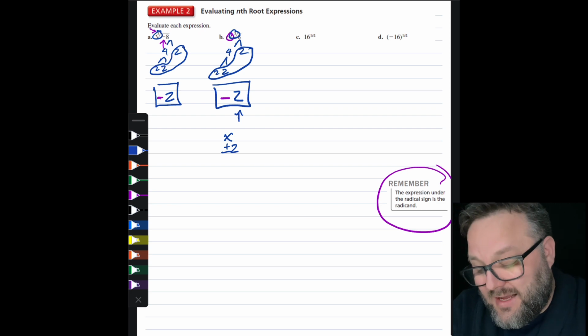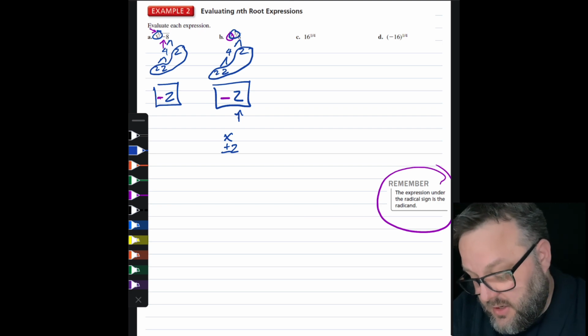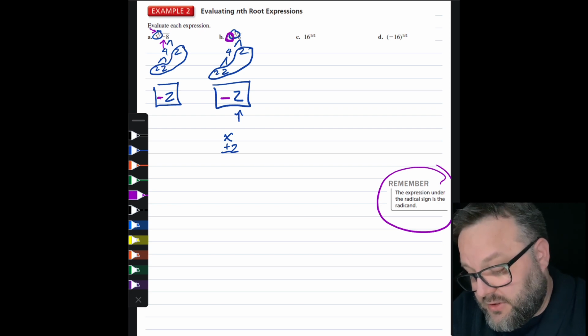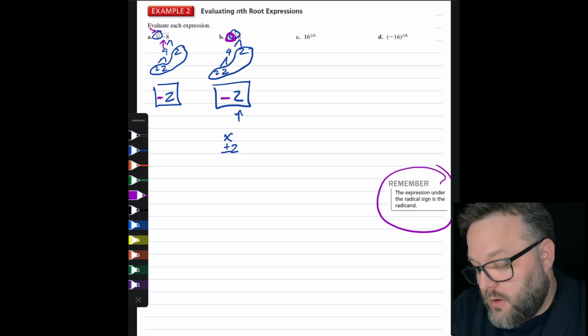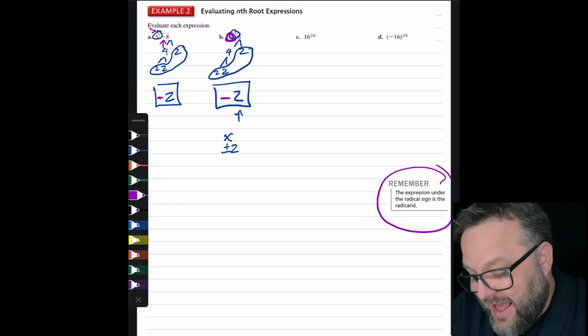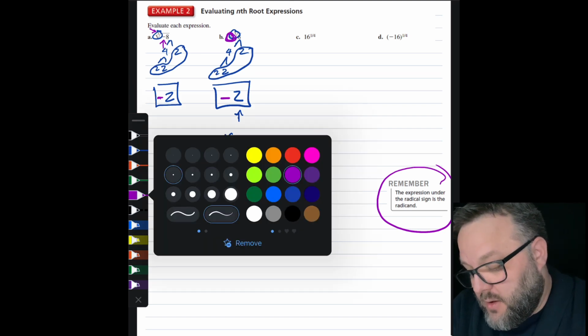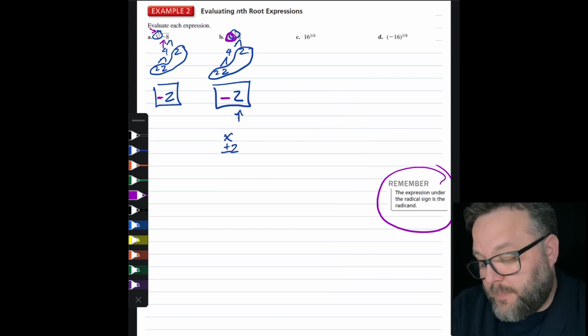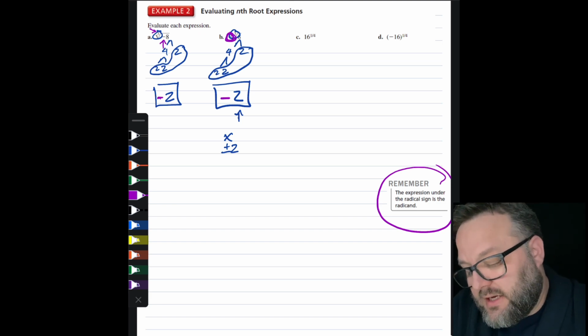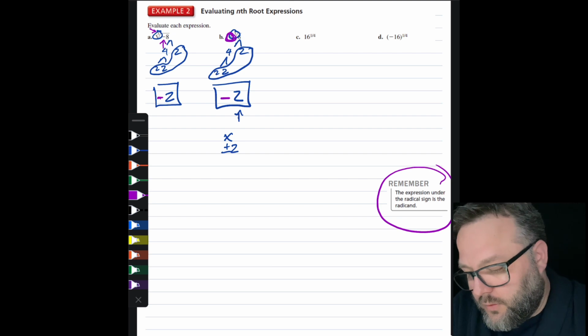The answer is -2 because the negative on the outside originally told us that we want the negative answer. Here on A, we had to have a negative answer because our radicand was negative and our root was odd. But let's look at 16 to the 1/4 and figure out what this is telling us.